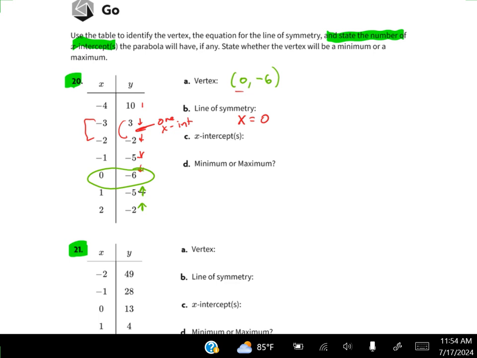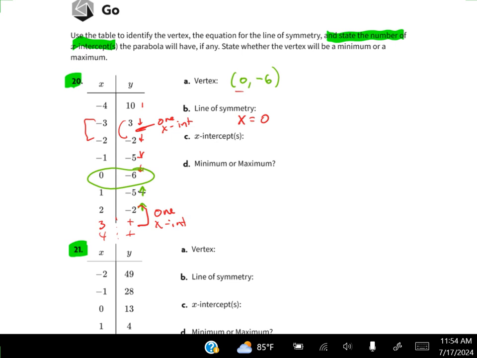Now what we can't see at the bottom of this table is that there's going to be another term here, and then eventually these numbers are going to start to get to be positive numbers. So once again, somewhere in here, we're going to switch from negative to positive, so there's going to be one x-intercept there.